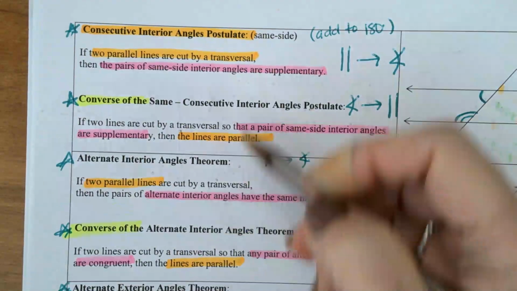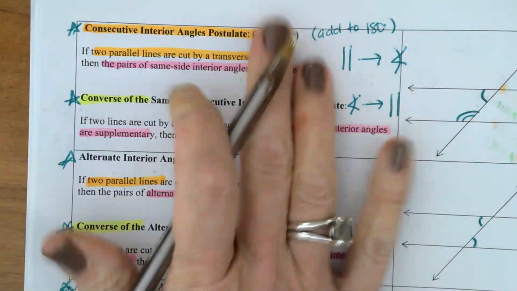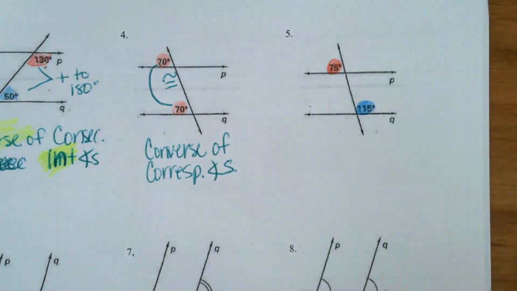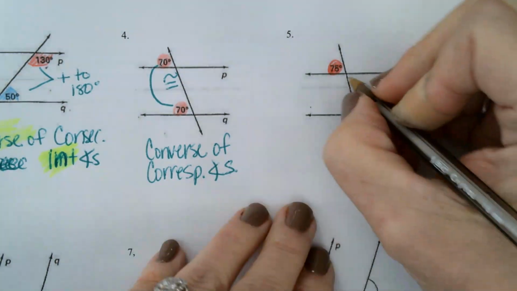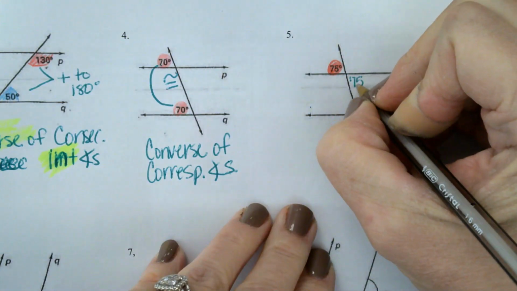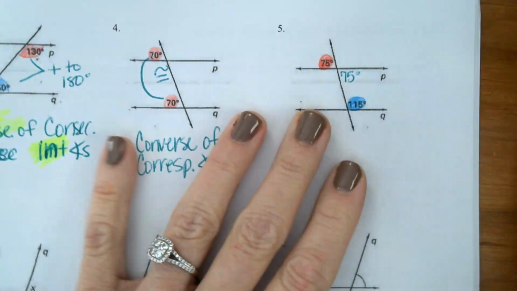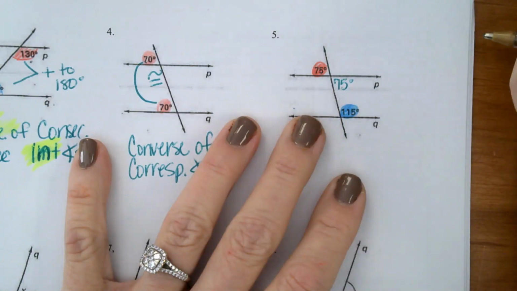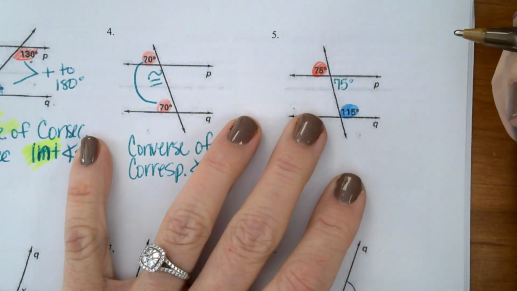Do you see that? It doesn't fall over here. However, I do know that this angle is 75 degrees. Why? Why is that angle 75 degrees?